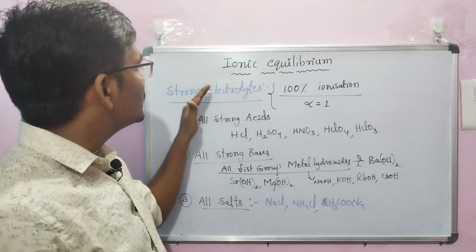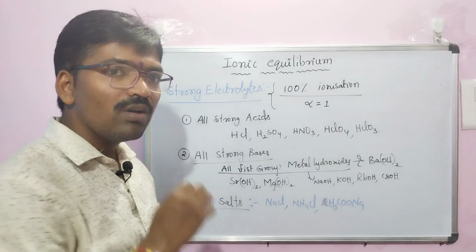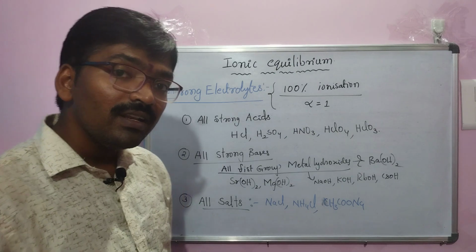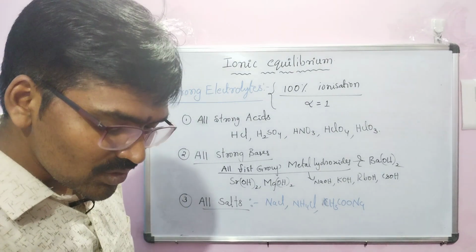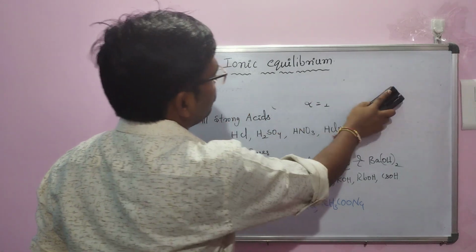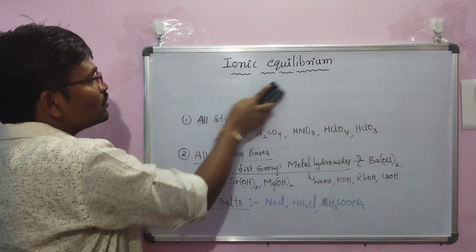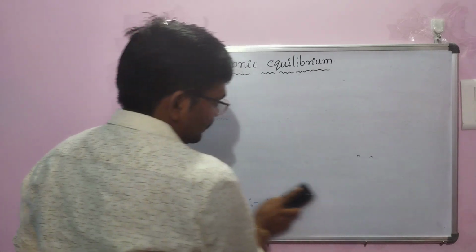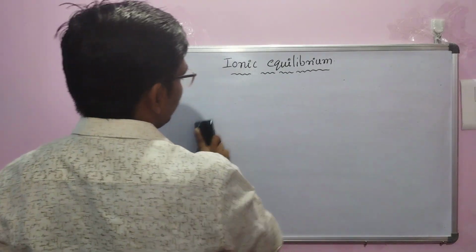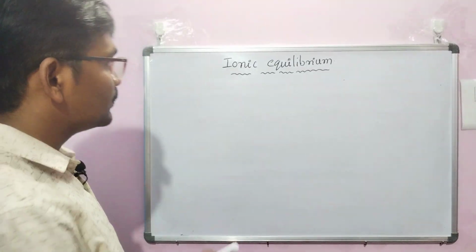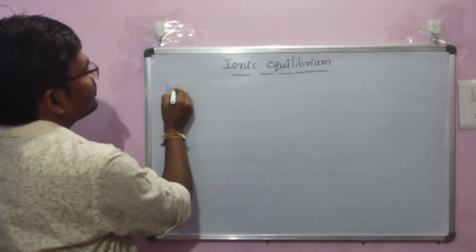So that is why ionic equilibrium is not applicable to strong electrolytes. Weak electrolytes are applicable to ionic equilibrium. Which are the weak electrolytes? That we have to discuss. So now, weak electrolytes.